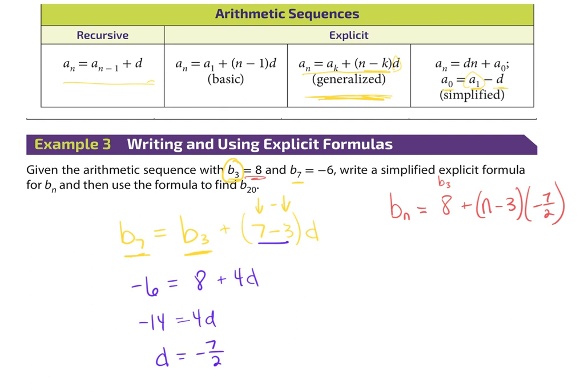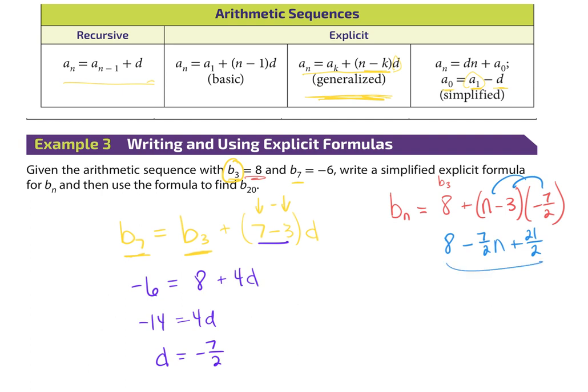All right? If they give you the first term, just use your n minus 1, which is your standard explicit formula. But if they don't give you your first term, you may have to go a different route to figure out an explicit formula here. And so this one's going to look a little bit different. I'm going to distribute the same way. I'm going to say 8 plus, and we'll do a minus there because it's going to be -7 halves n plus 21 halves, right?